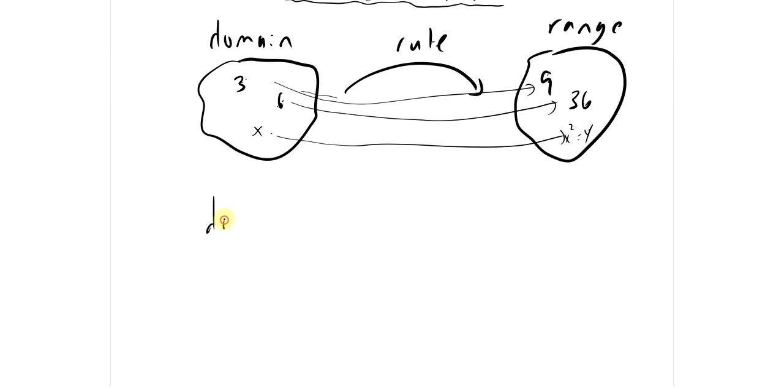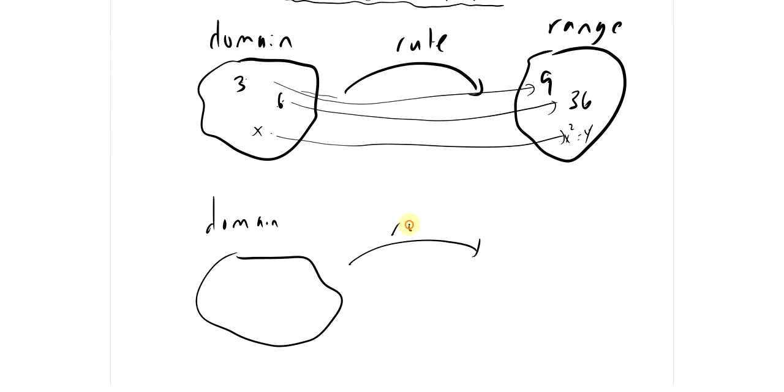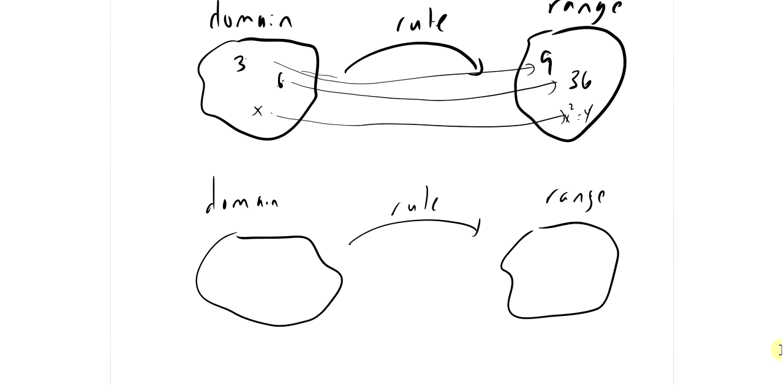We can set up a different one, right? But the picture is always pretty much the same. There's a bunch of numbers in your domain. There's a rule that takes you to your numbers in your range. And suppose now you give it the number 9, and it gives you back the number 3. Or if you give it the number 36, and it gives you back the number 6.